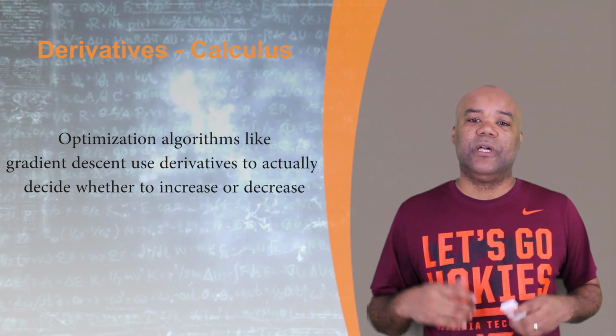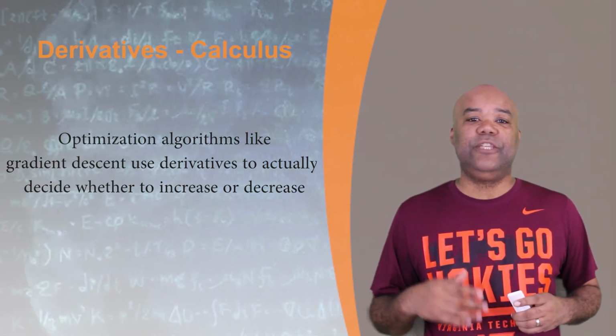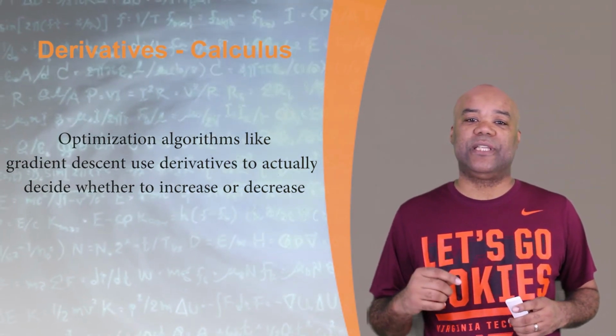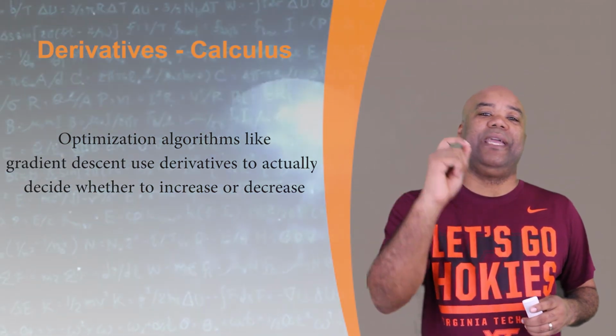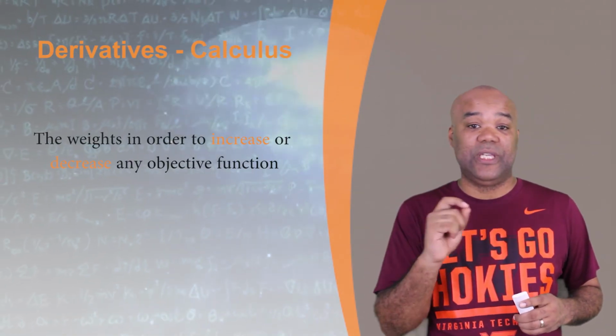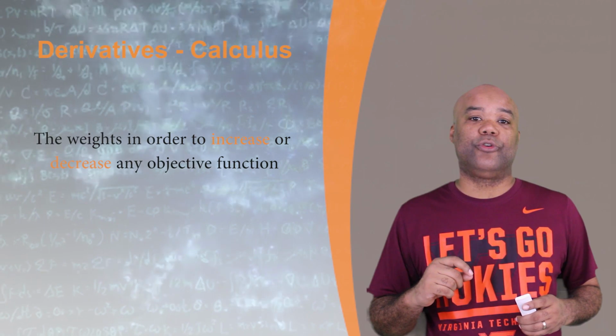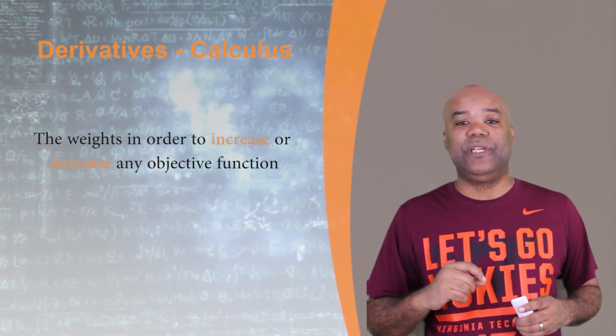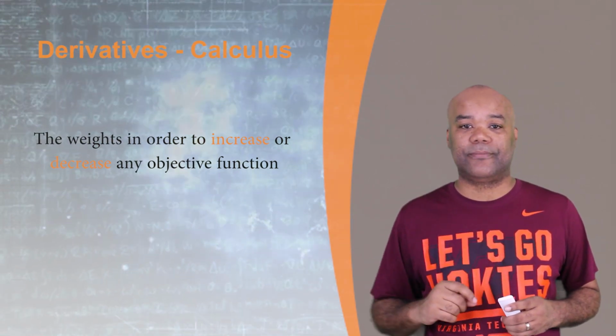Optimization algorithms like gradient descent use derivatives to actually decide whether to increase the weights, m or b, in order to increase or decrease any objective function.